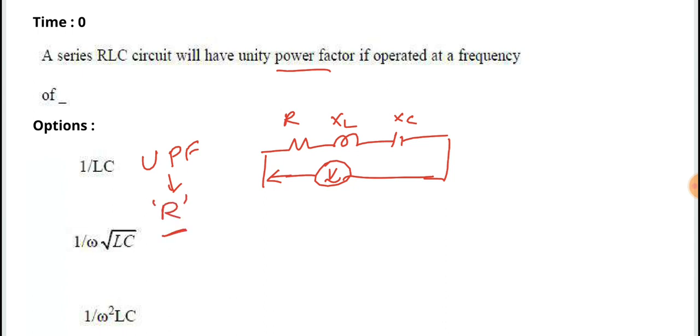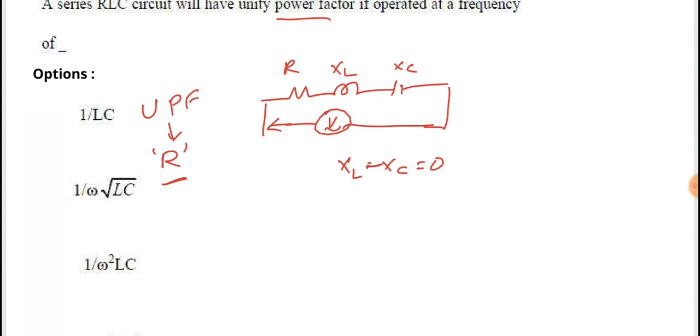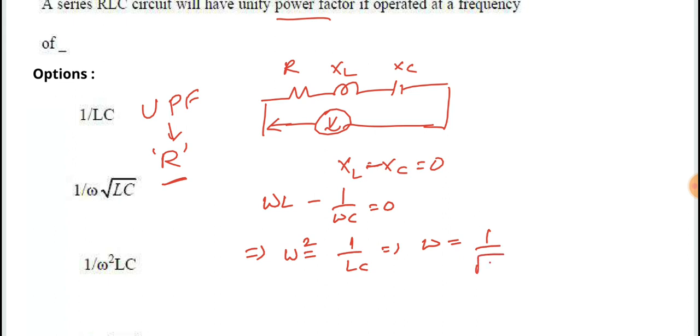So when the load is resistive, the XL minus XC component should be equal to 0. So we know XL is omega into L, minus 1 by omega into C is equal to 0. Now when you solve this, you get omega square is equal to 1 by LC. From this, omega is equal to 1 by square root of LC.